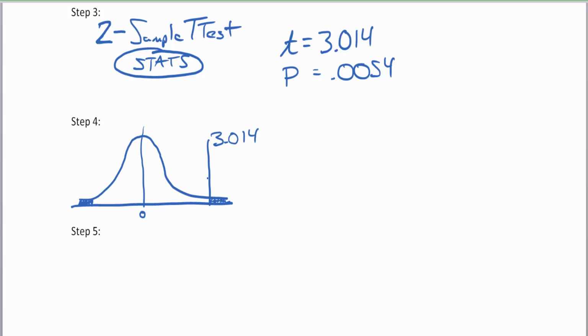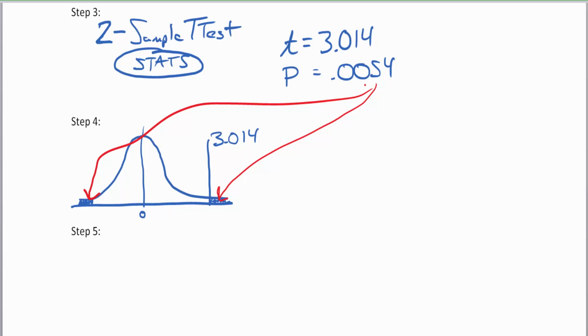So, is 3 standard deviations away from the norm a rare event? And the answer is absolutely yes, because there is less than a 1% chance of landing in either of these two zones.